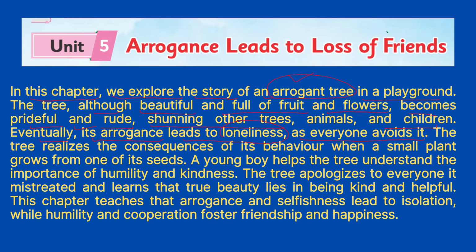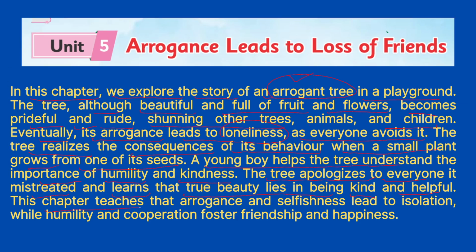As everyone avoids it, the tree realizes the consequences or the results of its behavior when a small plant grows from one of its seeds. A young boy helps the tree understand the importance of humility and kindness. The tree apologizes to everyone it mistreated and learns that true beauty lies in being kind and helpful.